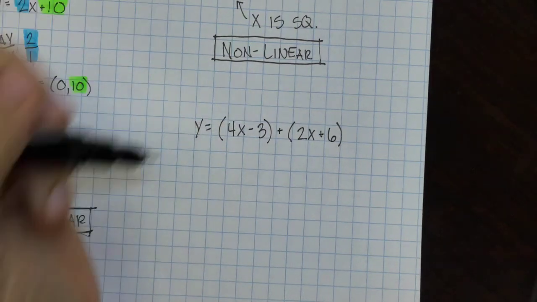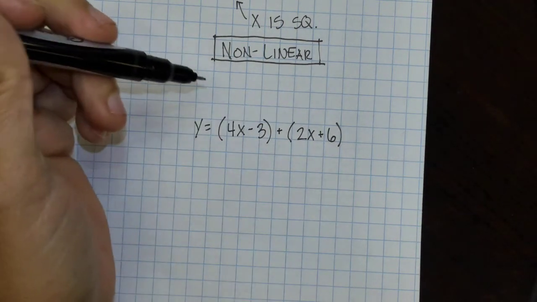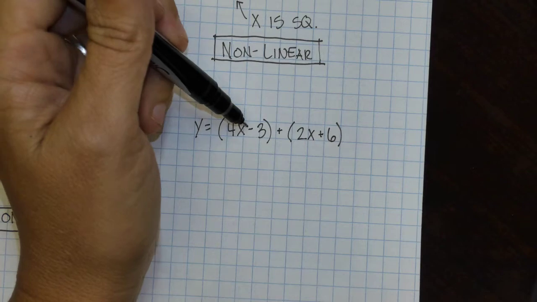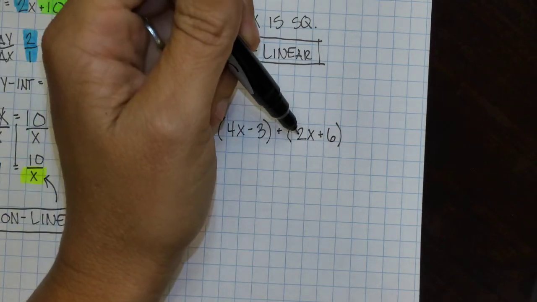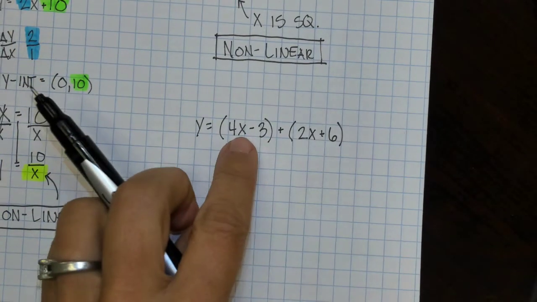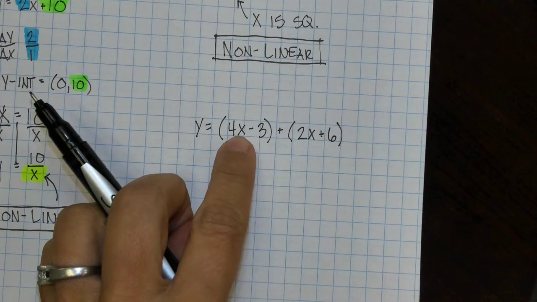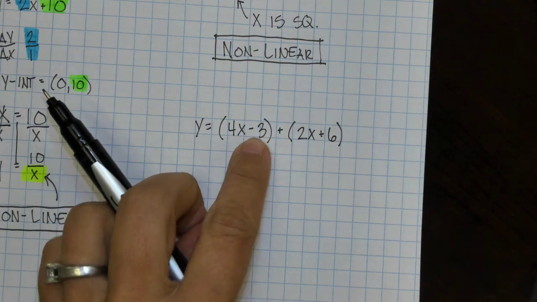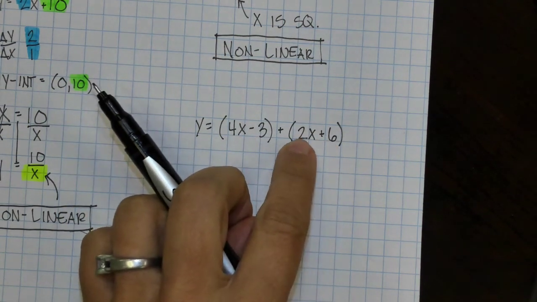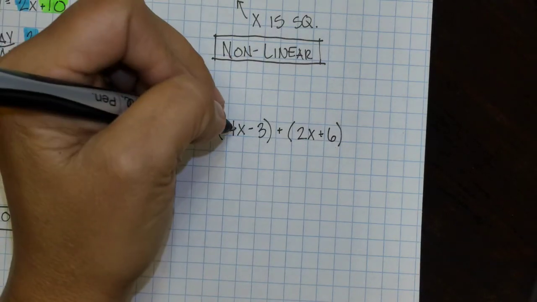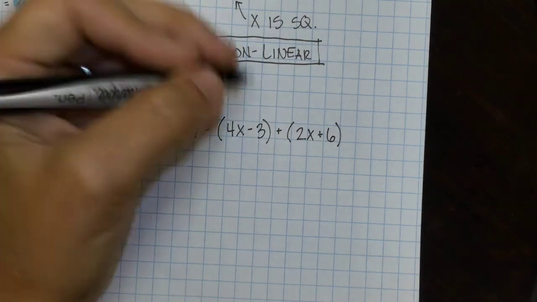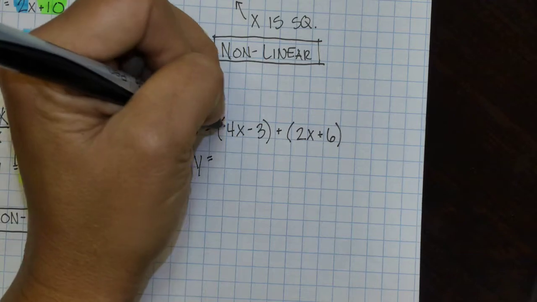And the last one, simplifying this out. So I've got a 4x minus 3 plus I've got a 2x plus a 6. Now I cannot combine those because one has an x and one doesn't. And I cannot combine these because one has an x and one does not. So what I'm going to do is I have a total of 6 x's.